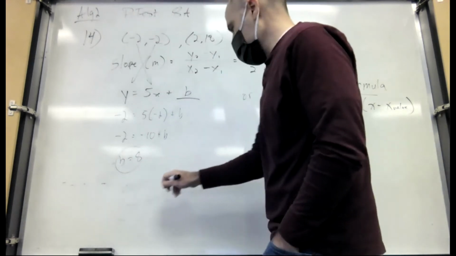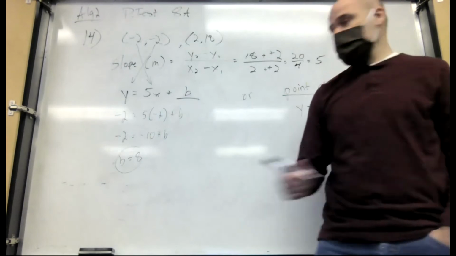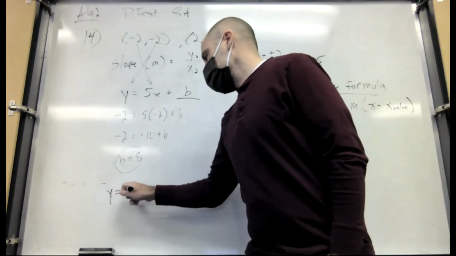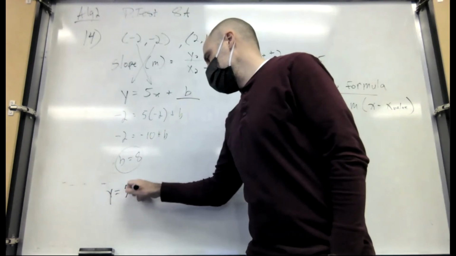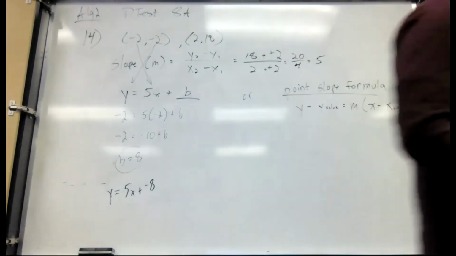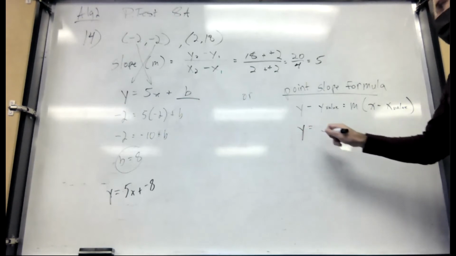Okay, so now I have my slope and intercept. This is intercept, this is slope. So y equals mx, or slope x, plus b, which is +8. So once I got the slope, I could have used the point slope formula, which is y minus a y value.